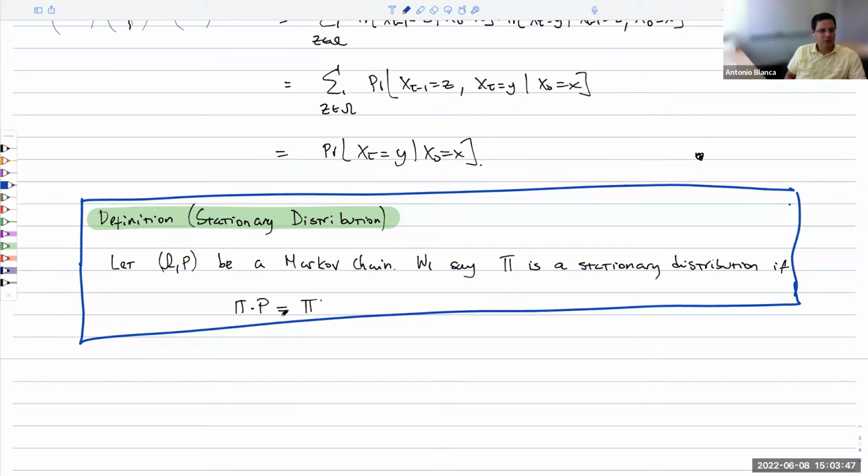That's what it means to be a stationary distribution. They're going to be an important type of distributions for the Markov chain, the most important ones, because they are the ones that dictate the long-term behavior of the Markov chain. When you take it to infinity, you're going to be stuck in this stationary distribution.